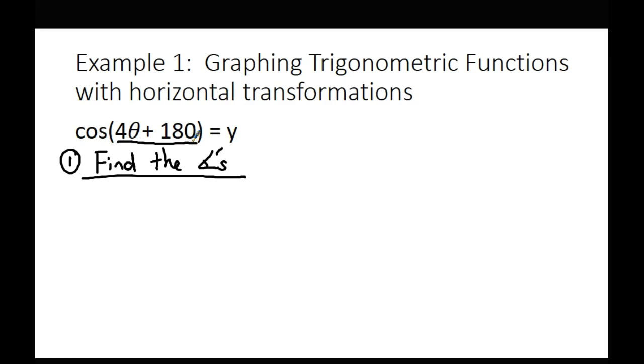What angles do I usually use when I'm graphing cosine? Zero. What else? 45? No. 90.